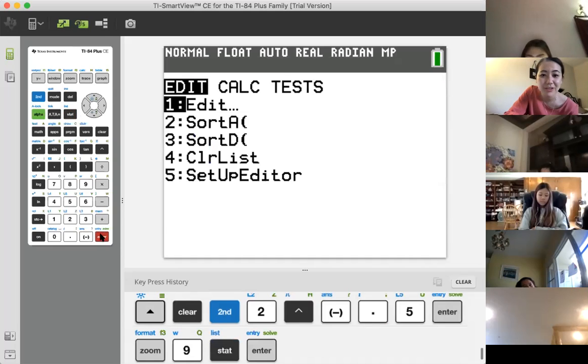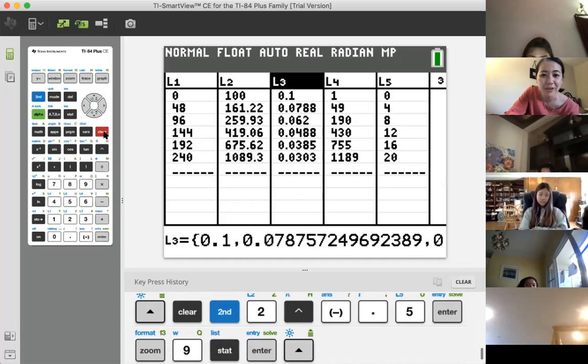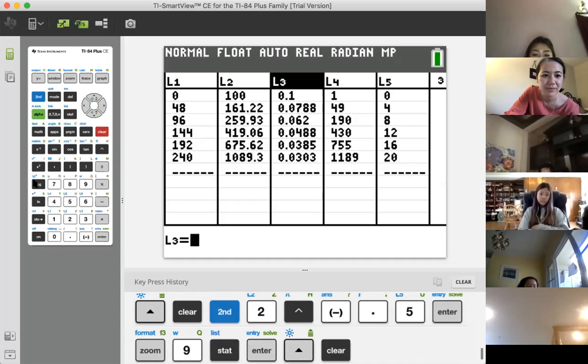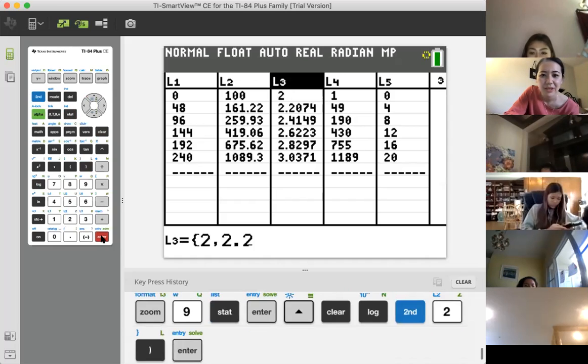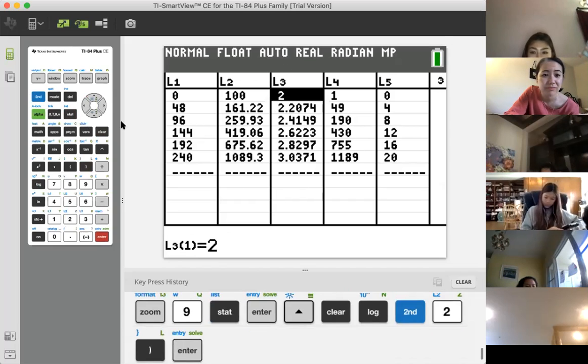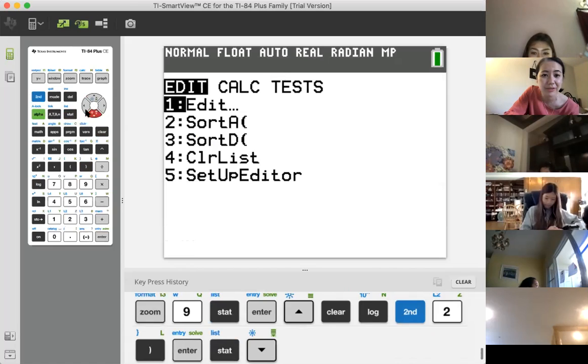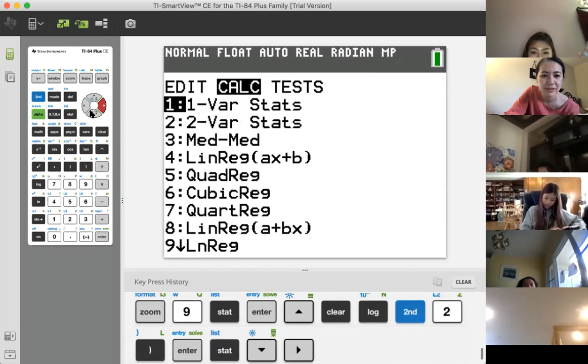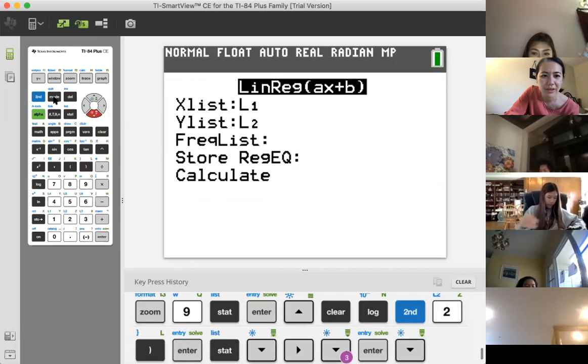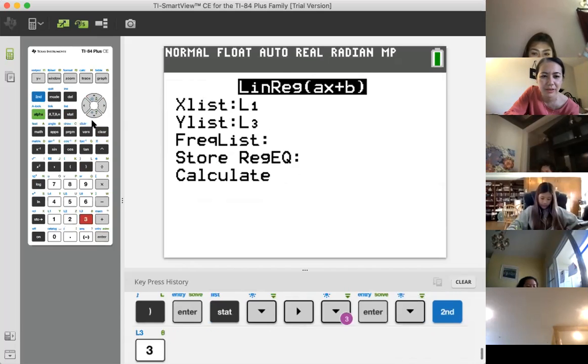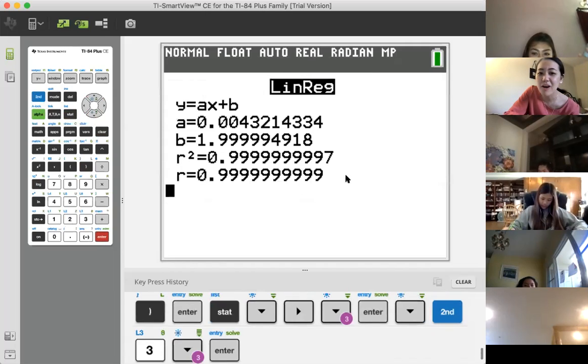The other thing you can do, if you want to get real fancy, is you can even check the residuals. All right, so let me go back to my log. I'm going to do lin reg L1, L3. And then already, actually, I can see 0.99999.